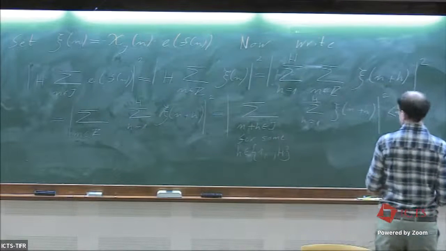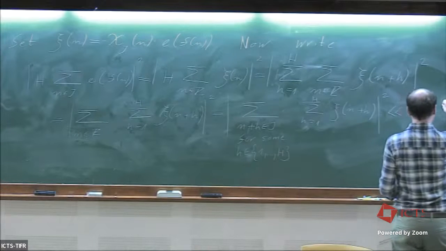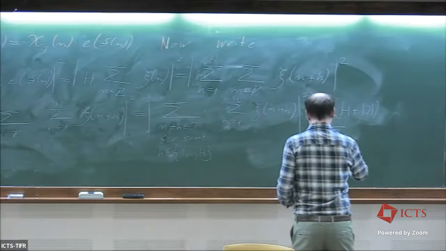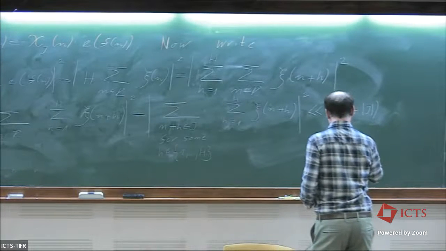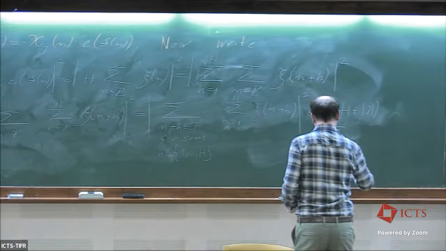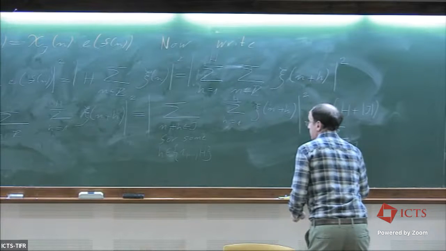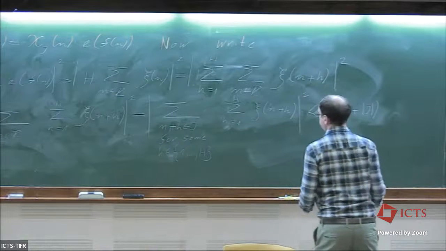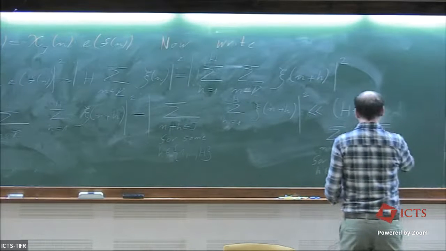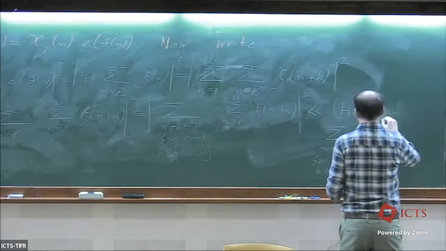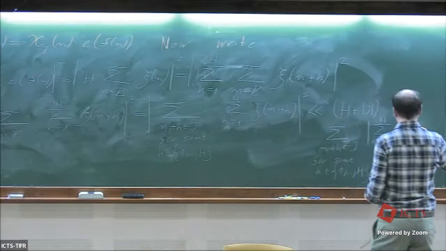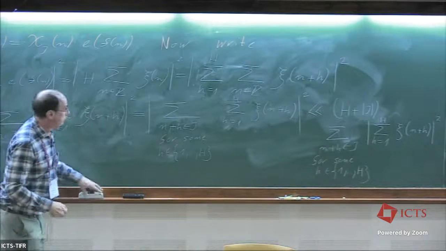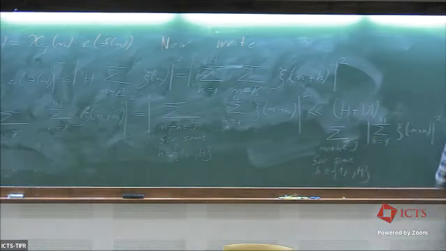So this is bounded by H plus interval length times the sum over n, with n+h in I for some h, of the square of the sum over h from 1 to H. Good, so then let's expand the square and rearrange summations again.